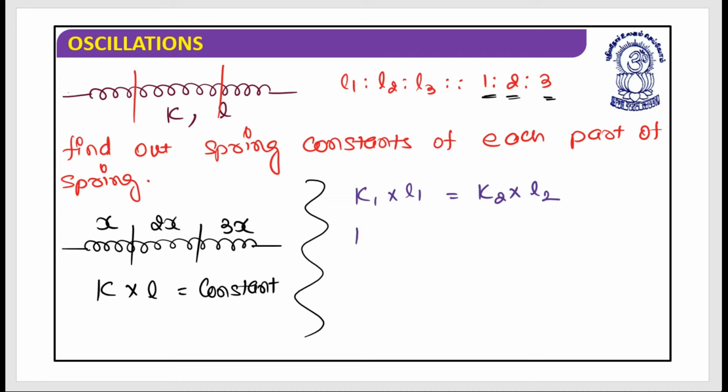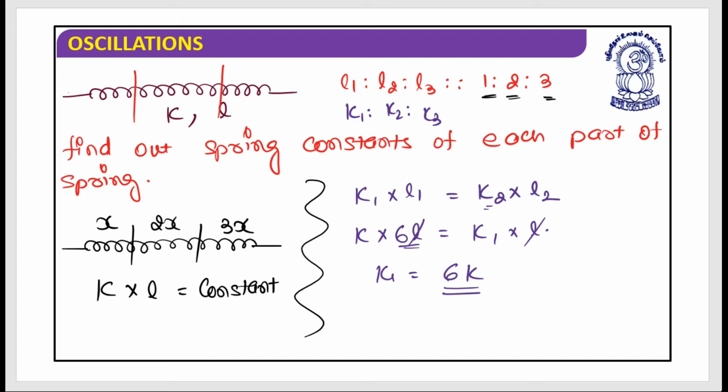Let's call the original spring constant k multiplied by the total length, which is 6L. For the first part, K1 multiplied by L is equal to k multiplied by 6L, so K1 would be 6k.